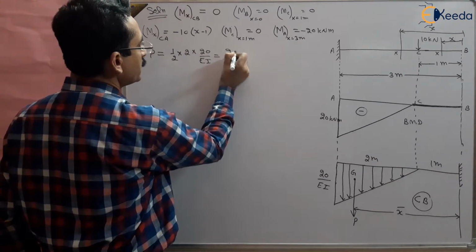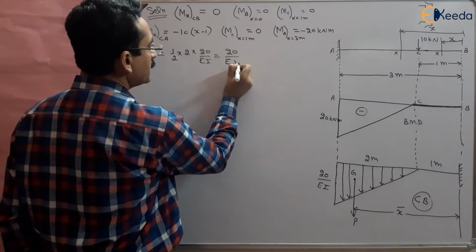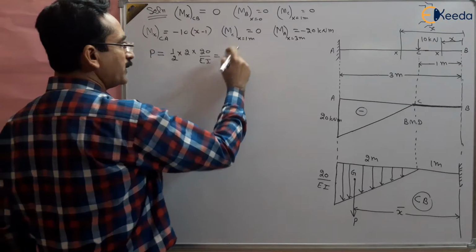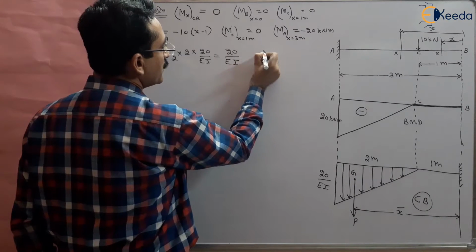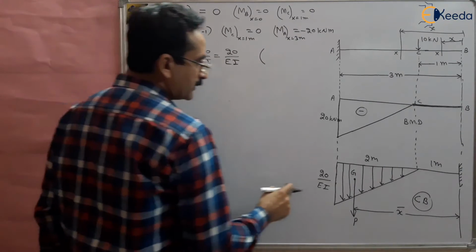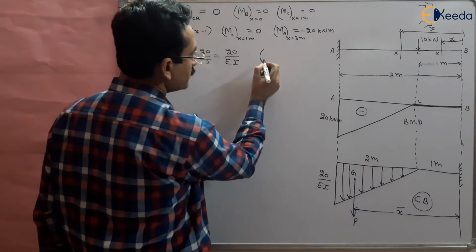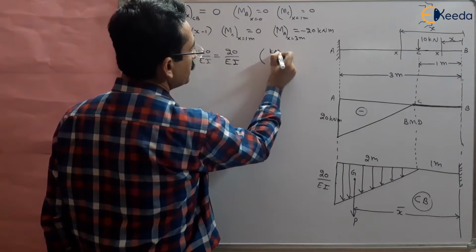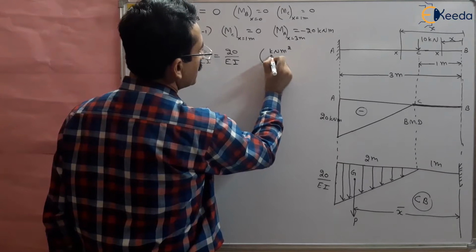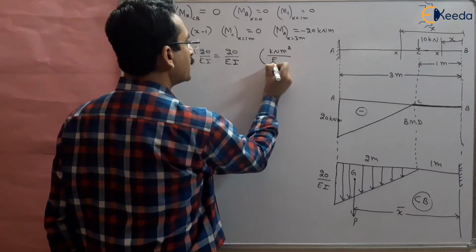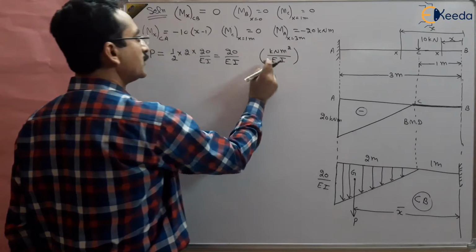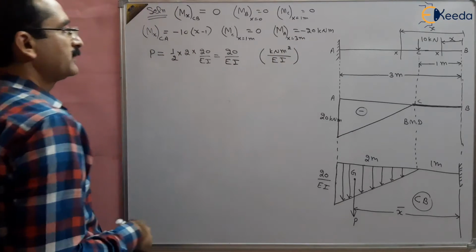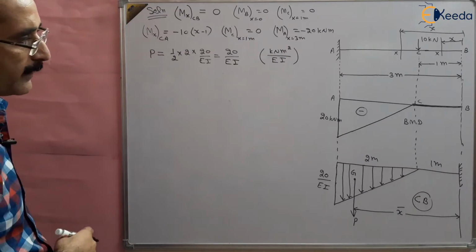So this will be equal to 20 by EI. And what is the unit? The numerator is kilonewton meter, multiplied by meter, so the unit is kilonewton meter square divided by EI, whatever the unit of EI.